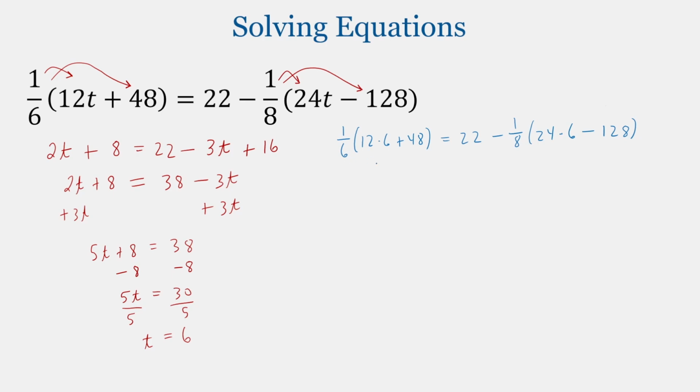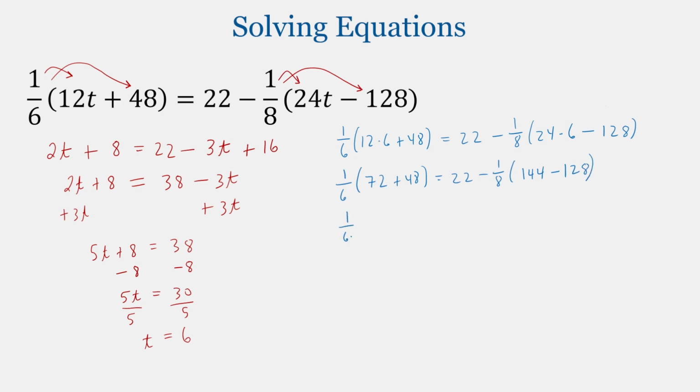There are quite a few ways to simplify down each of these sides, but I'm just going to go ahead and do all the arithmetic within the parentheses first. So when we do this, we get 1/6, and then 12 times 6 is 72, plus 48 equal to 22 minus 1/8, and then 24 times 6 is 144 minus 128.